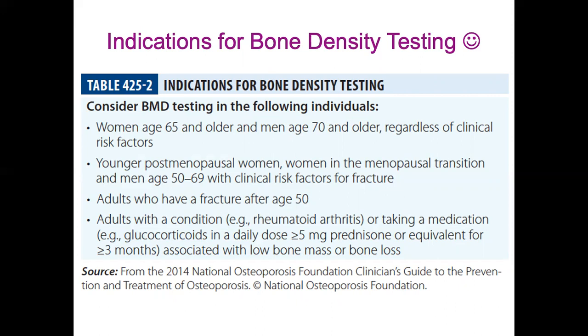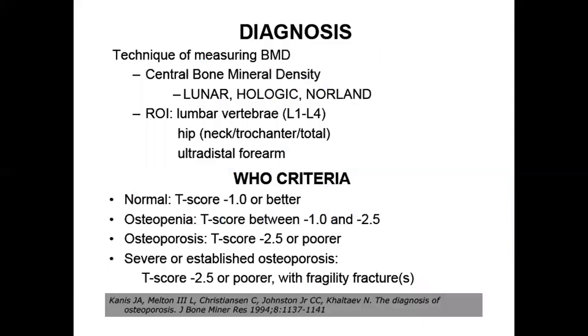So remember this, okay? Testing patients for bone mineral densitometry doesn't have to rest on the orthopedic surgeon, the rheumatologist, or the endocrinologist. It's actually in the hands of generalist physicians.